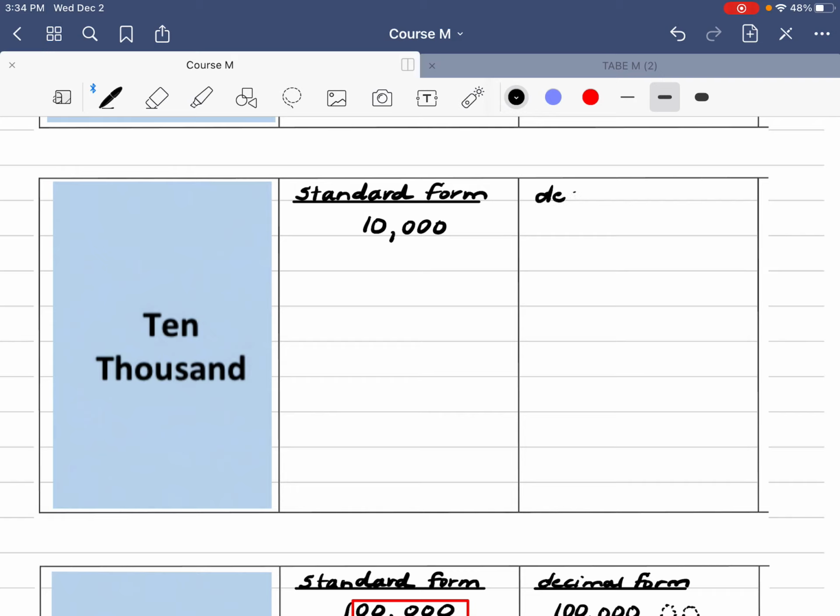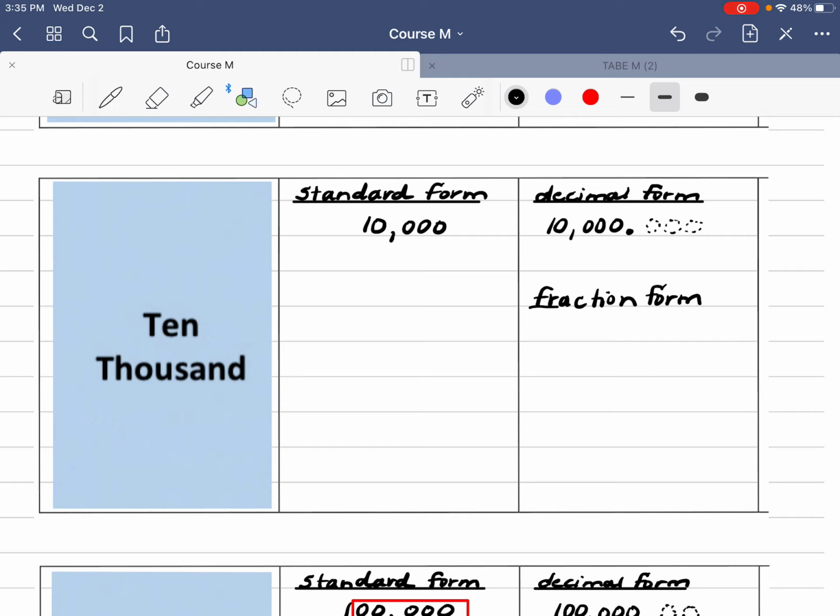So decimal form is going to be 10,000, and there's the decimal, and then you could add all the zeros you want to out there. You could add 10,000 zeros and you're not changing the value of the number. That's the key. We have to add things that don't change the value of our number.